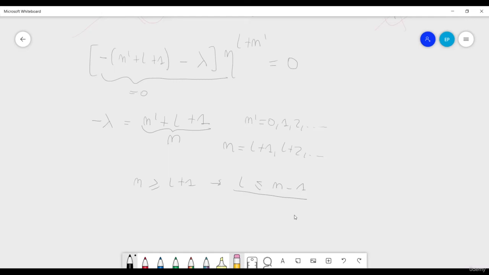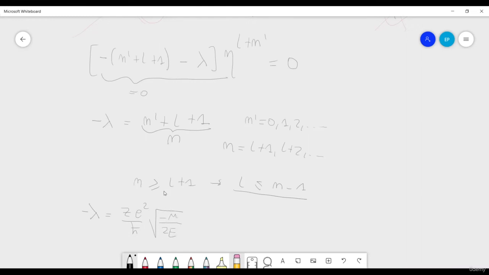And now from here, we can find the discrete spectrum of the energy, because we know that minus lambda is equal to z e squared divided by h bar times the square root of minus mu over 2E.